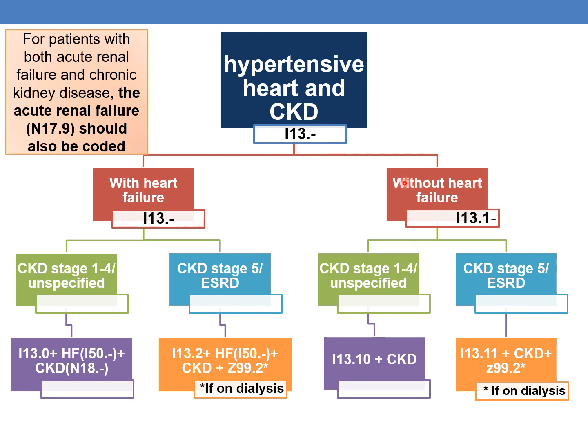Here heart failure is not there, hence additional heart failure code is not required. Next, if the patient is suffering from CKD stage 5 or end stage renal disease, the code is I13.11 plus type of CKD plus Z99.2 if the patient is on dialysis. So these are the hypertensive chronic kidney disease codes, with heart failure and without heart failure.